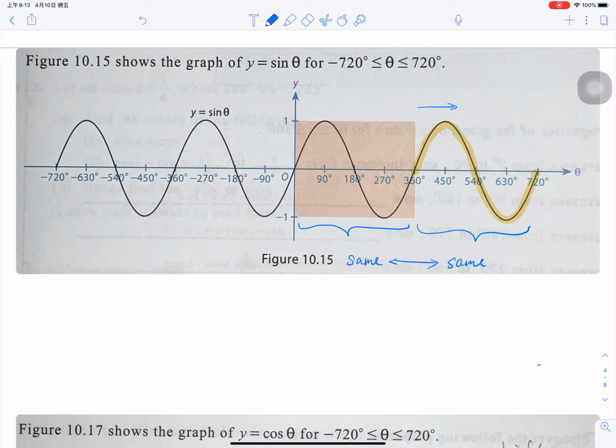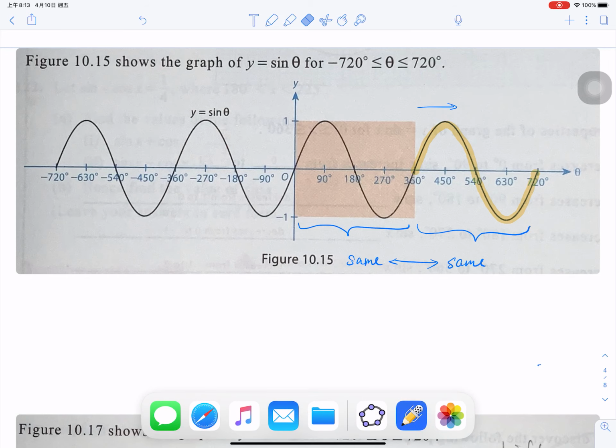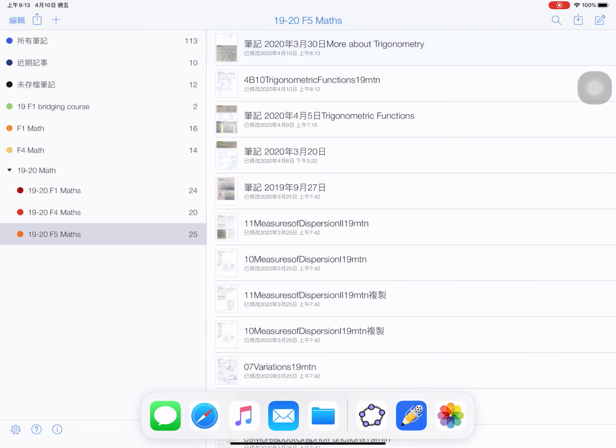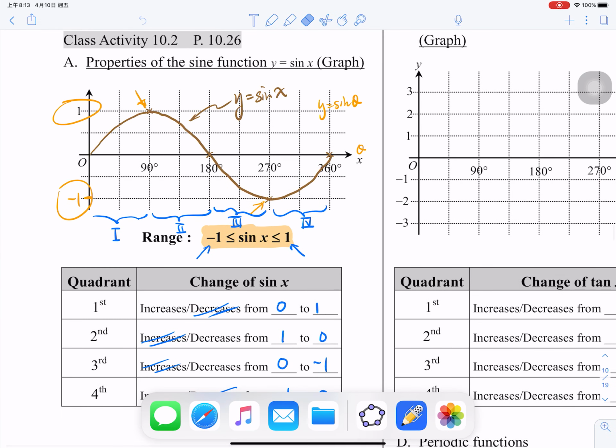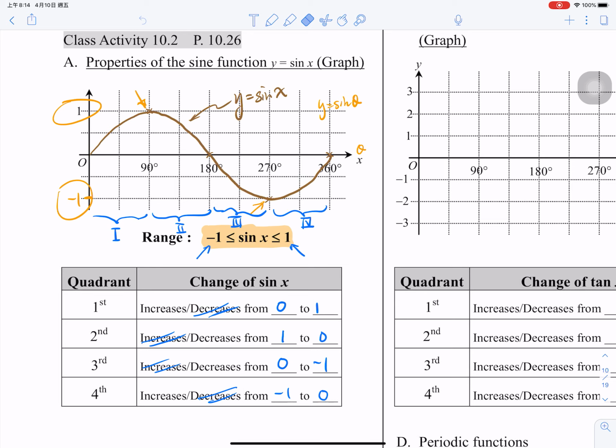They have the same figure, right? So that means this is the curve of sine theta, okay? Hope you understand the graphs of sine x. Next, we'll talk about cosine x.